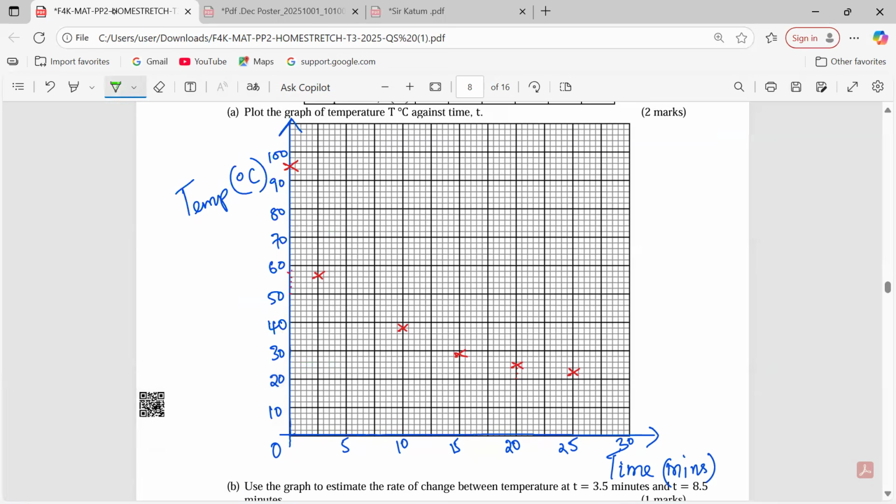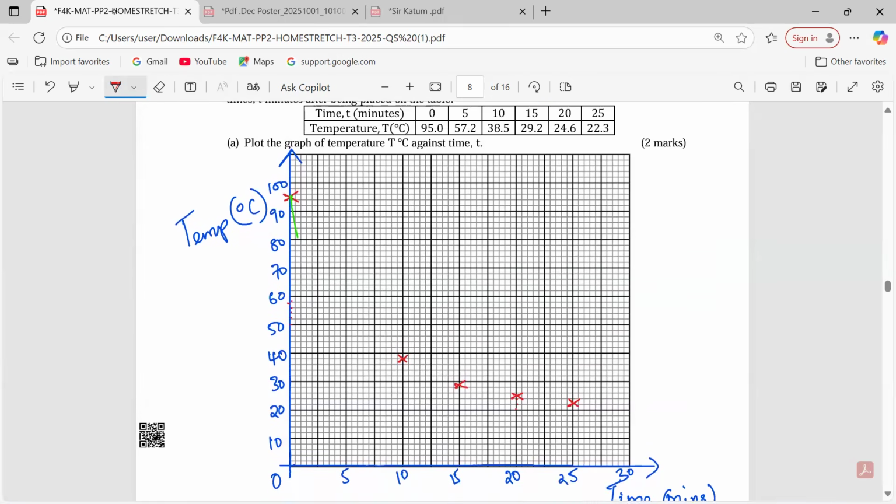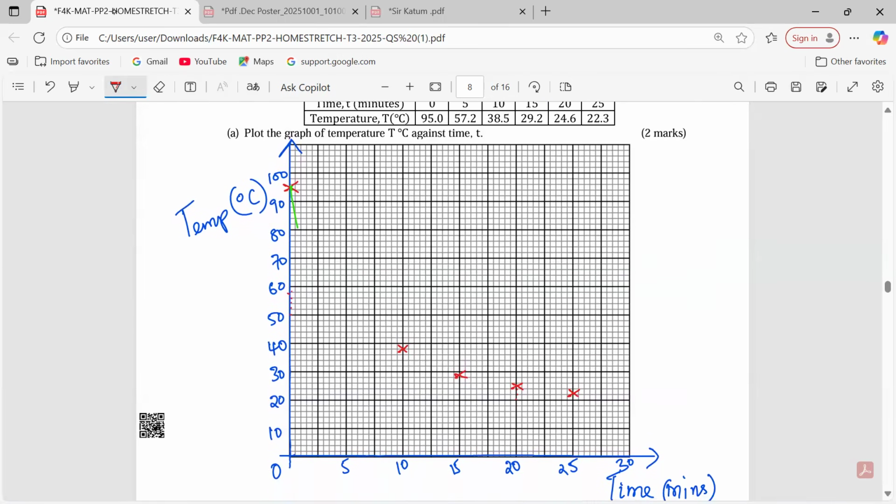We can join them using a very smooth curve. There's a coordinate which was misplaced. After 5, we went to 57 point something. So this is where the coordinate should be here, like that.